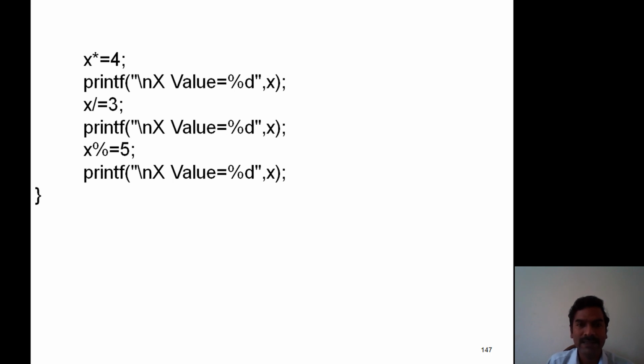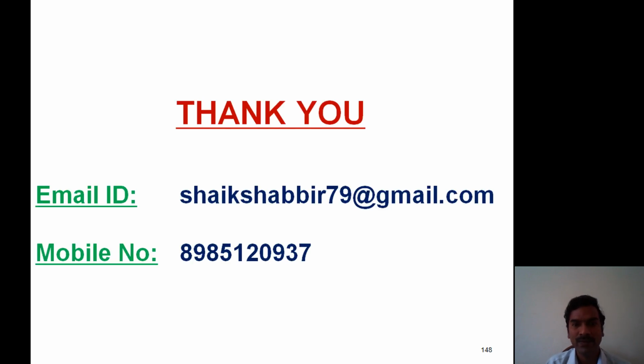We have discussed 9 categories of operators: assignment operator, arithmetic operators, relational operators, logical operators, increment and decrement operators, conditional operator, bitwise operators, special operators, and additional operators. Okay, so here the operators category is completed. Okay, thank you one and all.